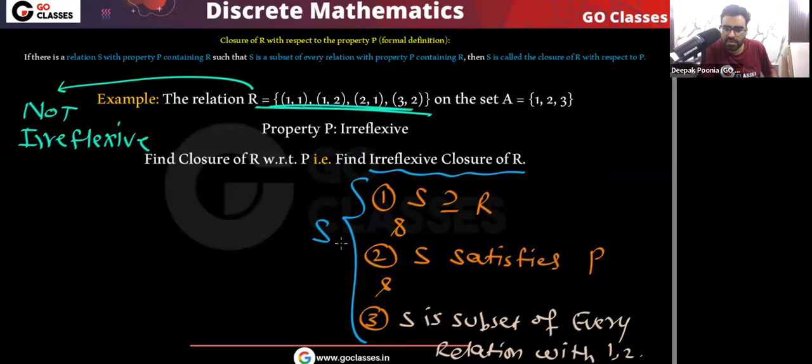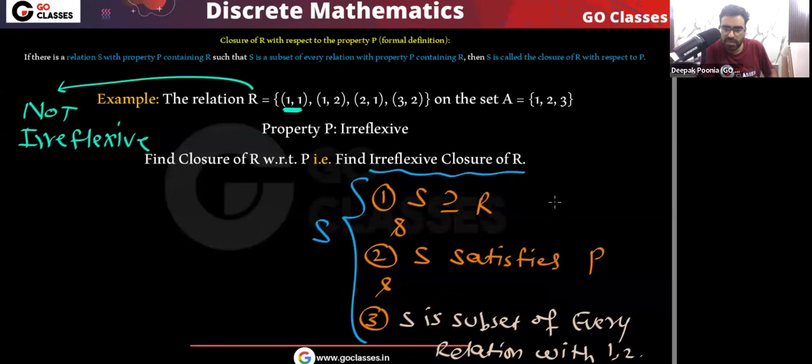In this relation R, if I want to satisfy the irreflexive property, I can never do that, because already you can see this violation is there. If I add something else, this violation will never be gone.